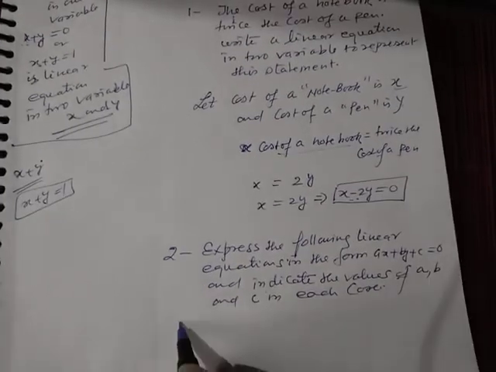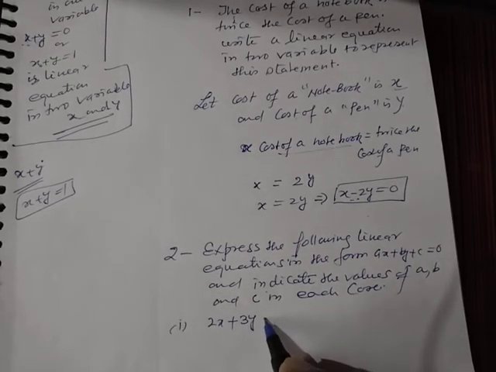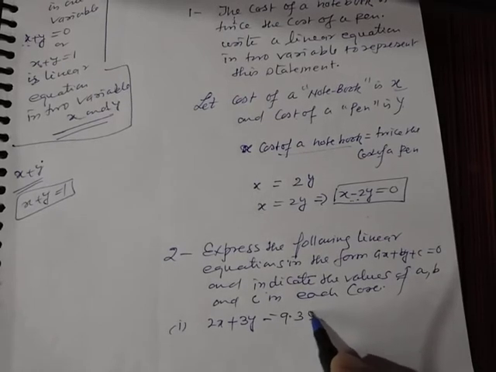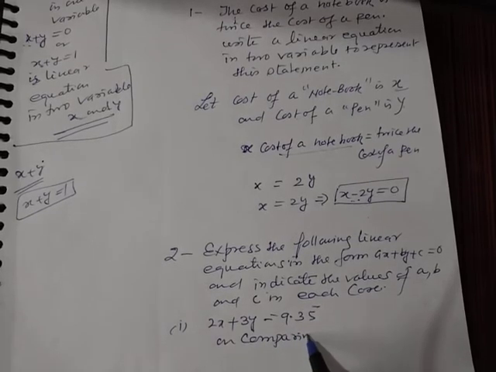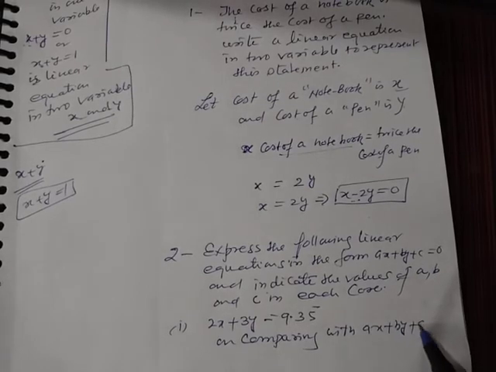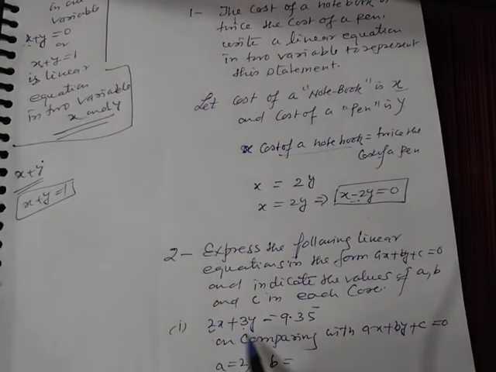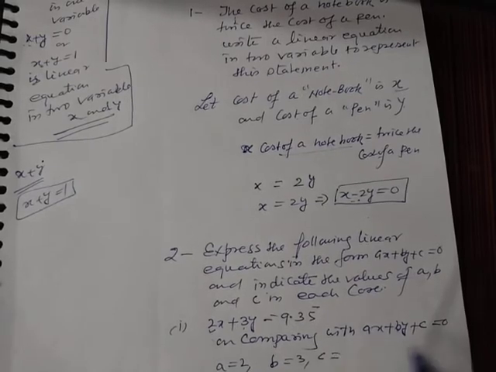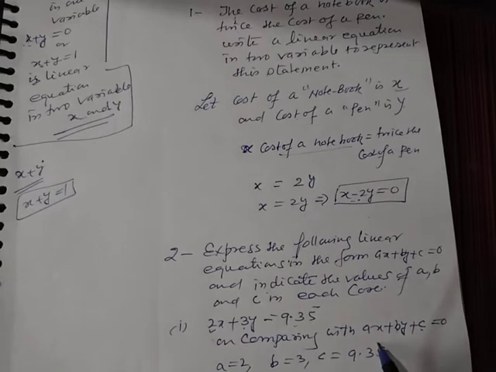Okay, this is first. 2x plus 3y equal to 9.35 bar. On comparing with ax plus by plus c equal to 0, a is 2, b is 3 and c is 9.35 bar. Okay.